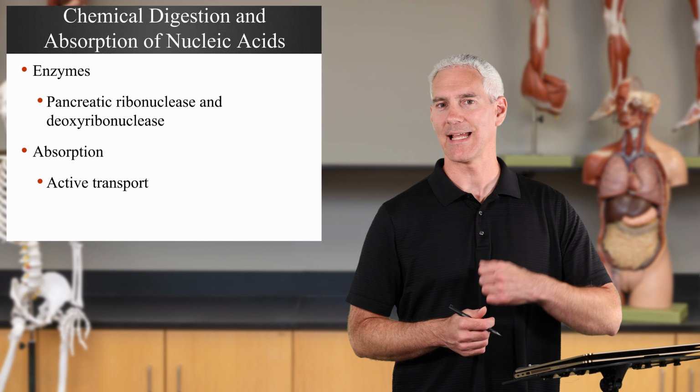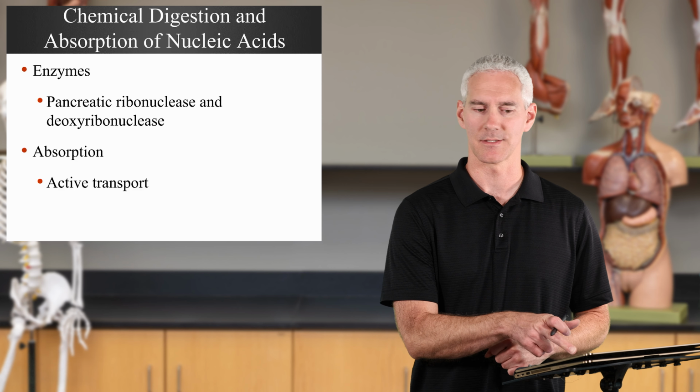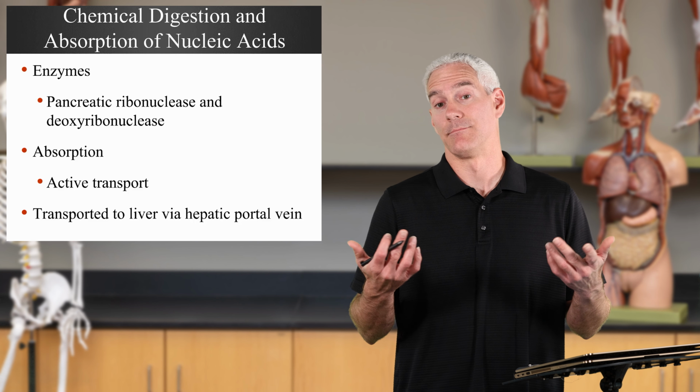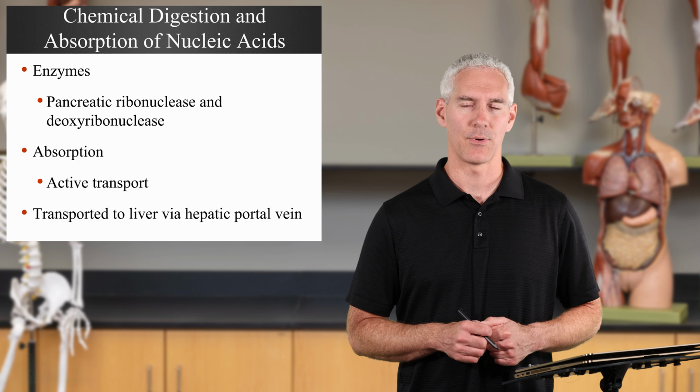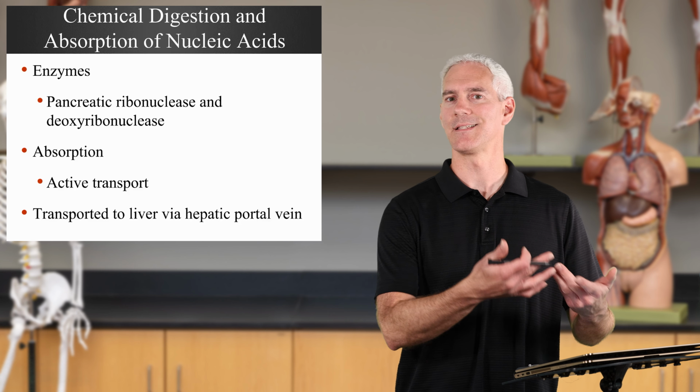Absorption, right back to that active transport again. You need energy to absorb these components. And just like the other ones, for at least the majority of it, not every piece of lipid, we're heading up the hepatic portal into the liver. Liver processes it and then sends it on its way.